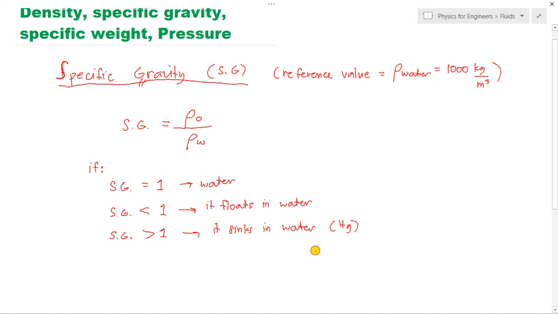The specific gravity of mercury is equal to 13.6. That is 13.6 times the density of the water. So that is the meaning of specific gravity.